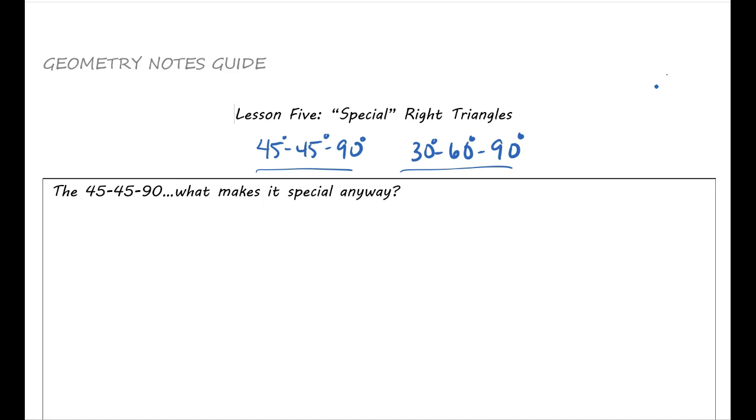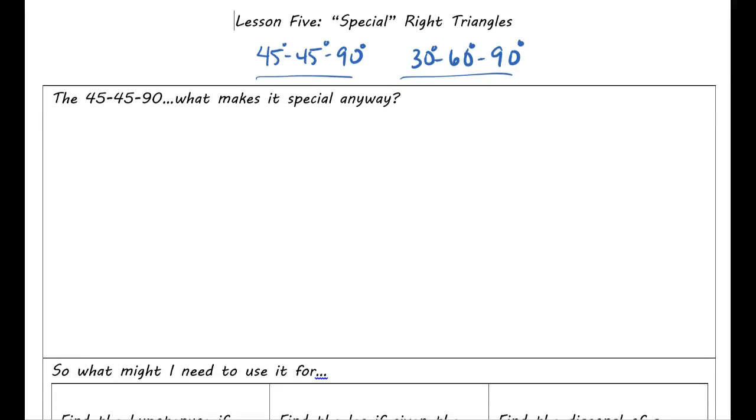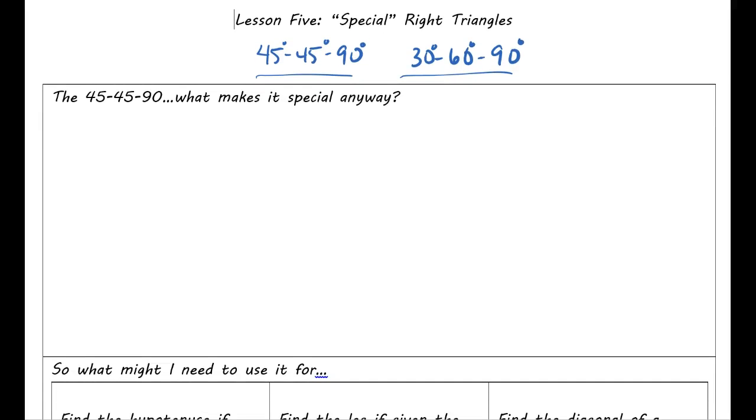So the first one that we're going to talk about is the 45, 45, 90. And what I'm going to do is draw it out, and then we'll talk about what makes it special. So to draw a 45, 45, 90, I'm just going to draw a right triangle right here. And what you want to do is, if both of these are 45 degrees, something special also happens. We talked about it last week.